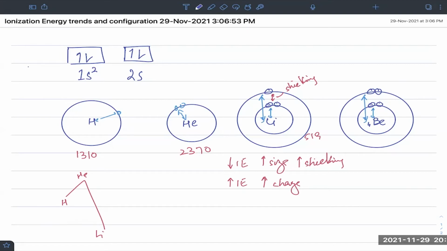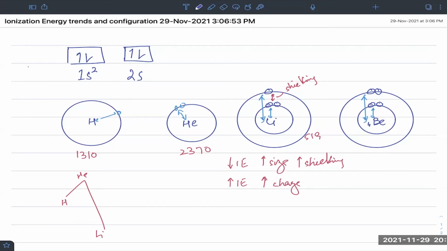And what about nuclear charge? Nuclear charge increases, yes. And what about spin pair repulsion? The repulsion that 2 electrons in the same orbital have for each other. It increases, yeah. So the repulsion increases, which means ionization energy decreases. The size decreases because nuclear charge increases.